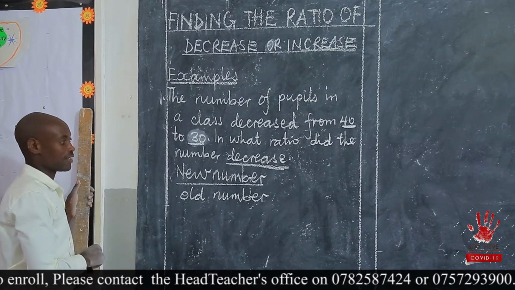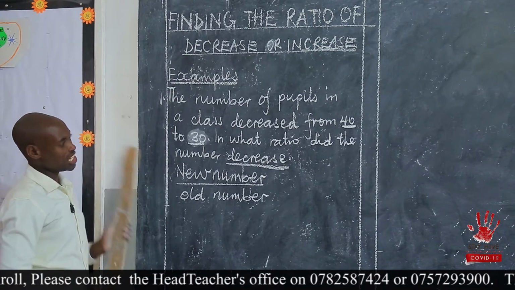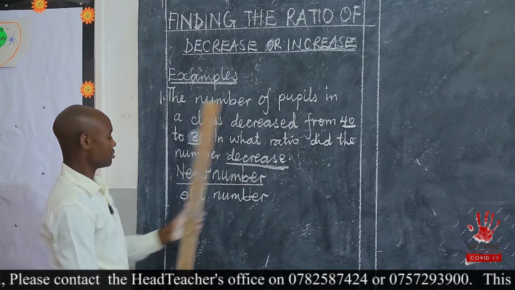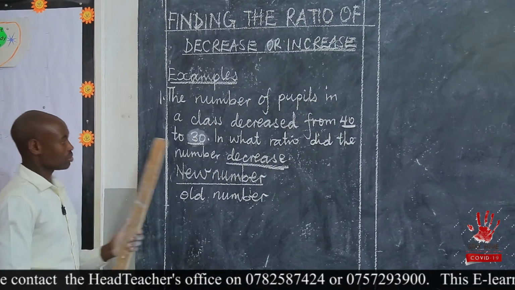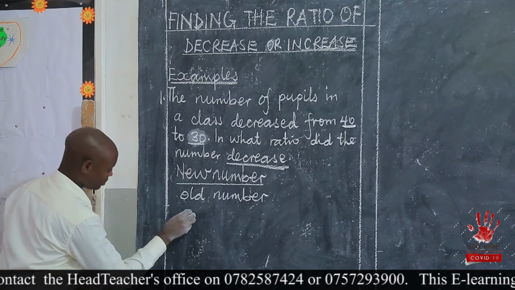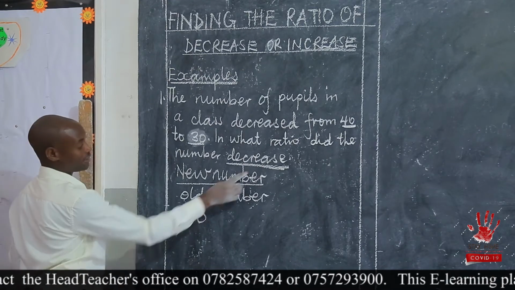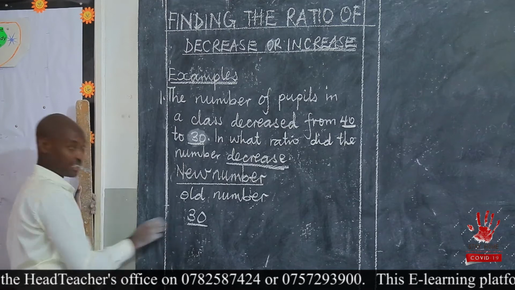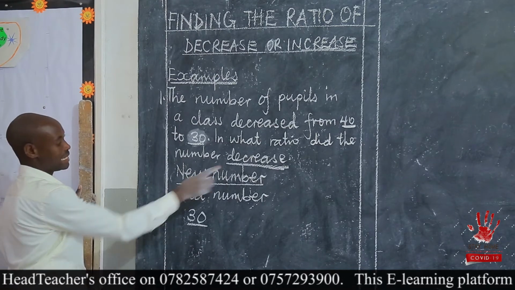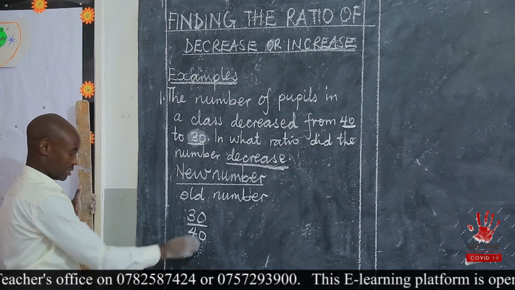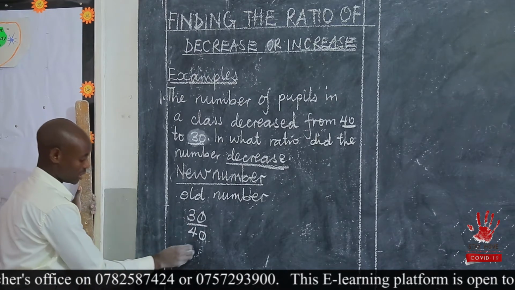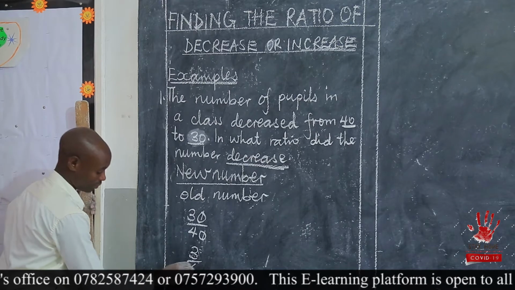and reduce that fraction. So originally we had 40 children. The number has reduced to 30. So 30 becomes our new number after decrease, out of the original number before decrease, which was 40, then we reduce. This 0 will go with that. I remain with 3 out of 4.